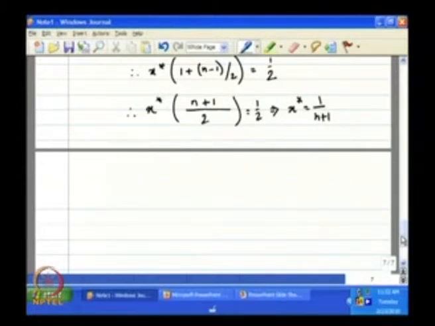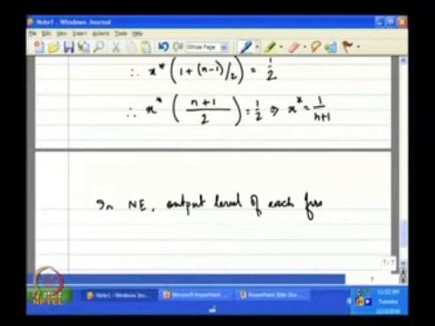Now, output level is a little different concept. So, in Nash equilibrium, what is the equilibrium output level? It is given by, as before we have seen, q star, forgetting about the subscript, it is given by x star times 1 minus all these terms here.